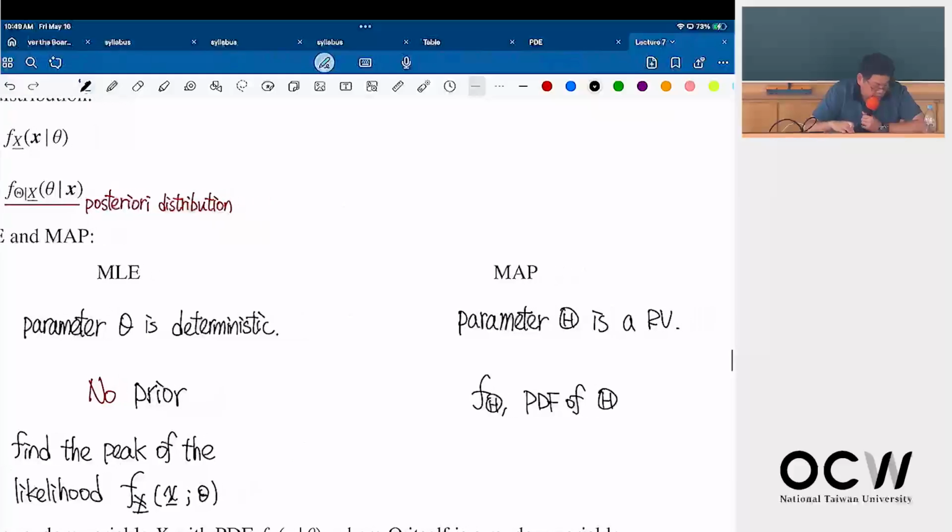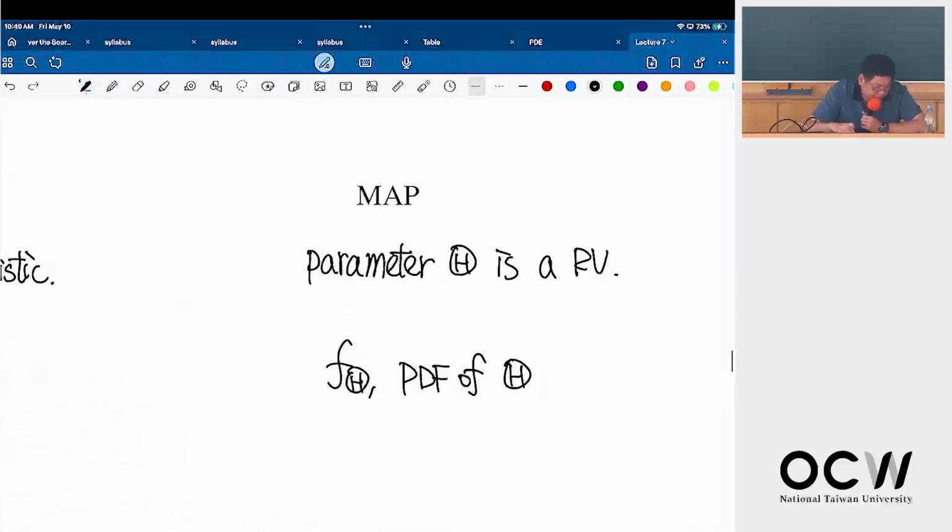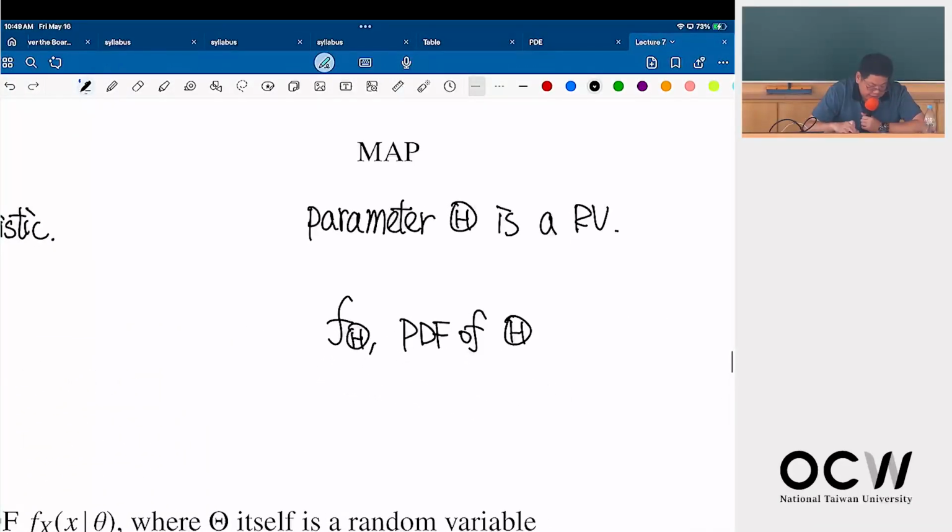And then for the MAP, we also find a peak, but this peak is not just for the likelihood, it's for the posteriori distribution.